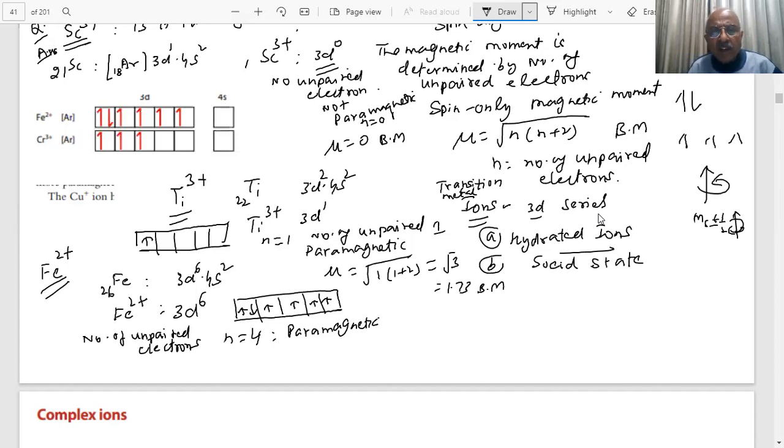Let me take another example, students. Chromium 3 plus. Tell me, how many unpaired electrons are there? You have 1 minute to answer the question.